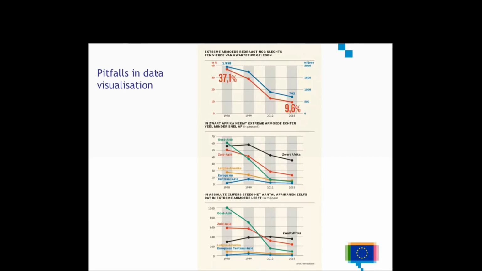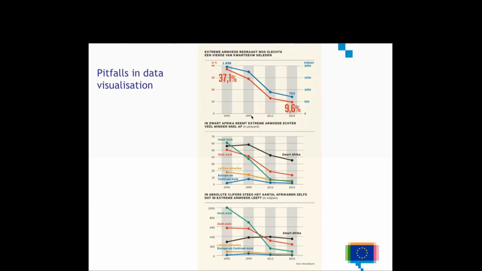But if you pay attention to the x-axis, you'll notice that the first data point is for 1990, the second one is 1999, then the third one is 2012, and the last one is 2015.